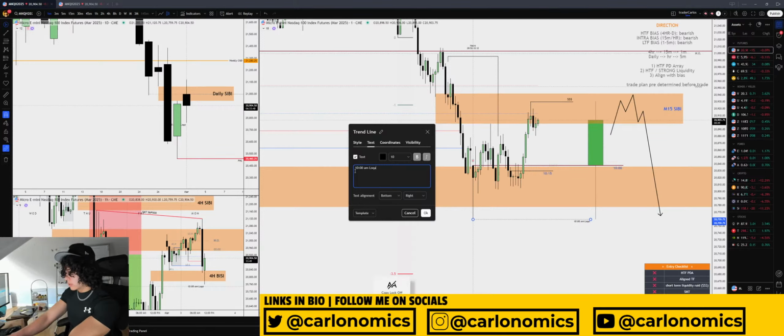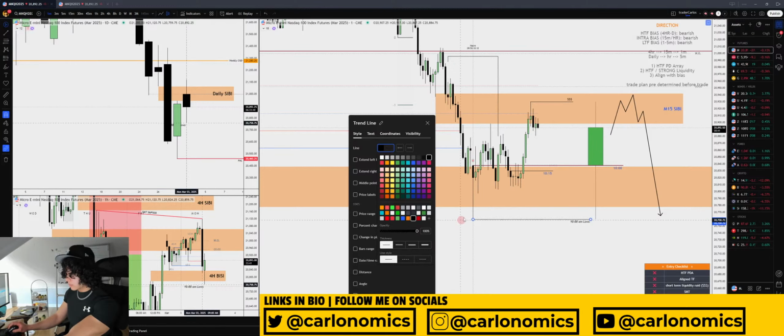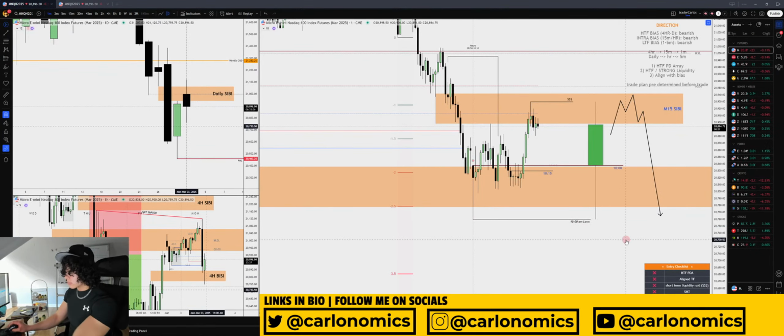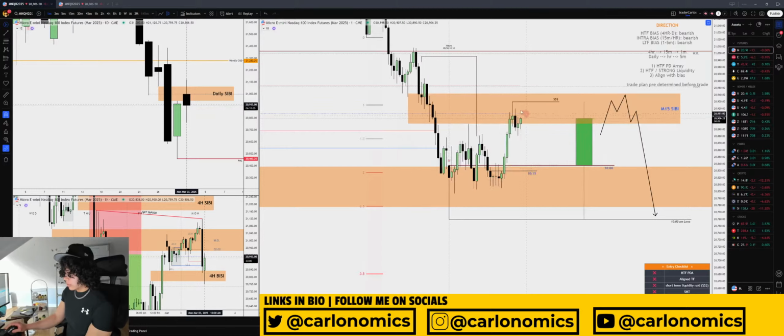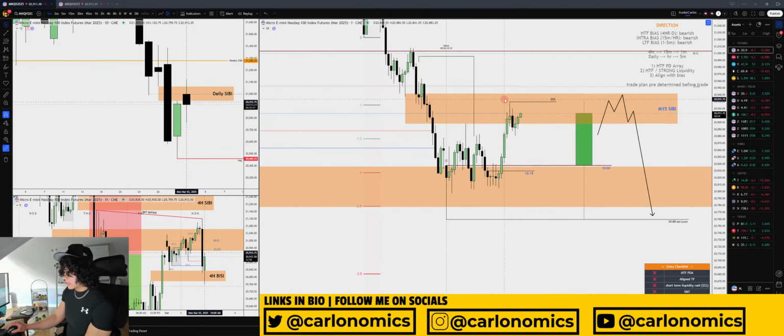The 10 a.m. lows. All right, so we put in the swing high inside this 15-minute gap.